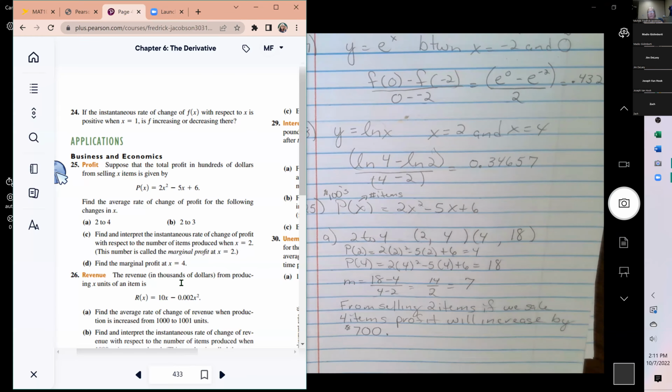So average rate of change is telling you how much it changes from those two values.